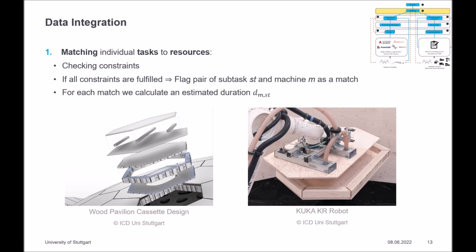Basically, we perform several constraint checks, and if all constraints are fulfilled, the pair M and ST is flagged as a match, and an estimated duration is calculated as well. Since this would require more data and expertise, the duration is reasonably randomized currently, since this information is needed for the task scheduling step later on.